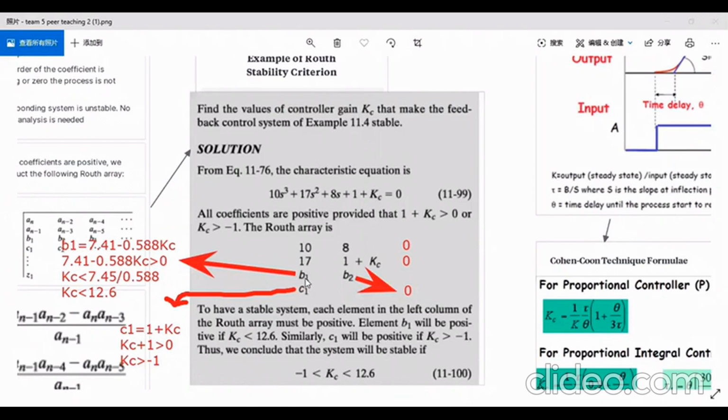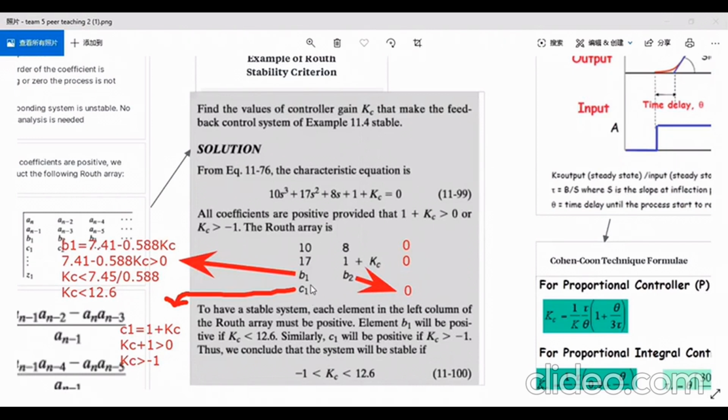So B1 is equal to 17 multiplied by 8 minus 10 multiplied by 1 plus Kc over 17. Then B2 is 17 multiplied by 0 minus 10 multiplied by 0 over 17, so your final answer is 0.